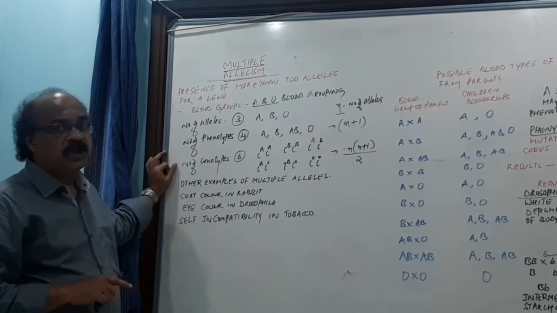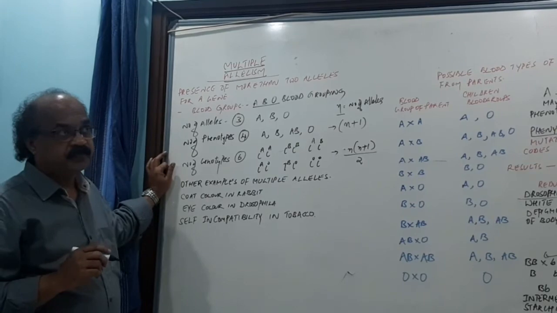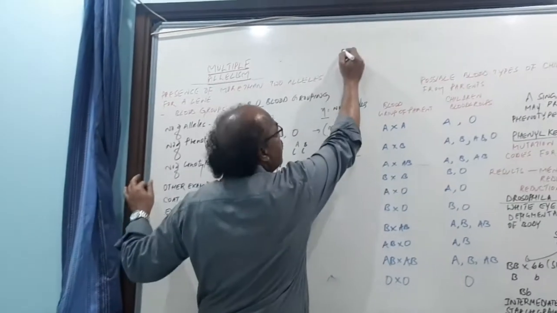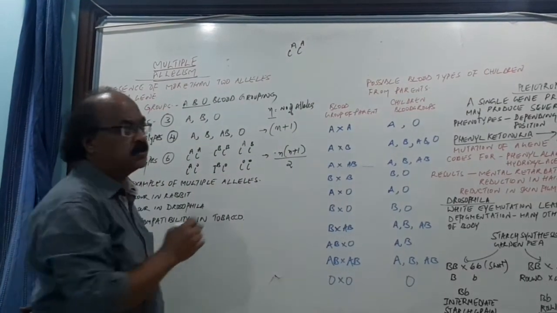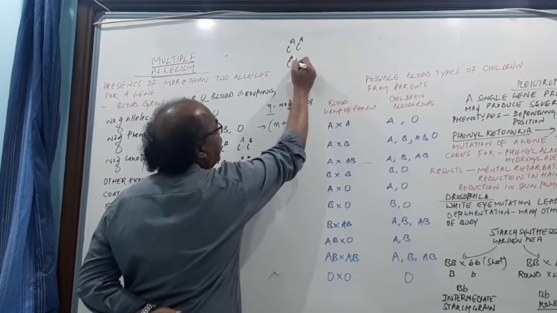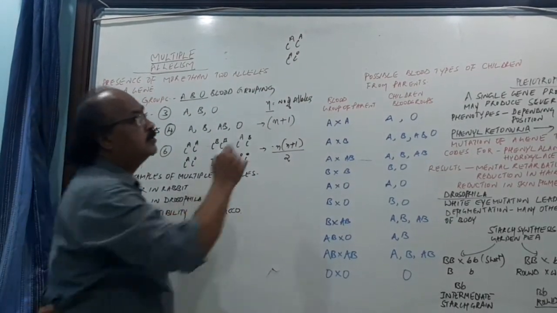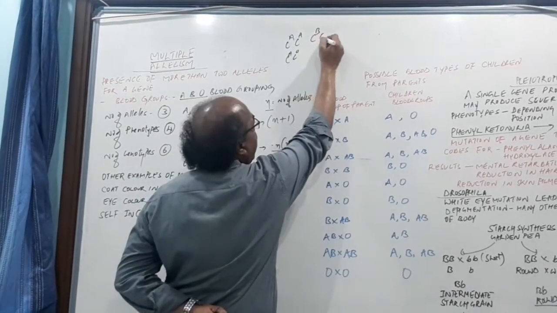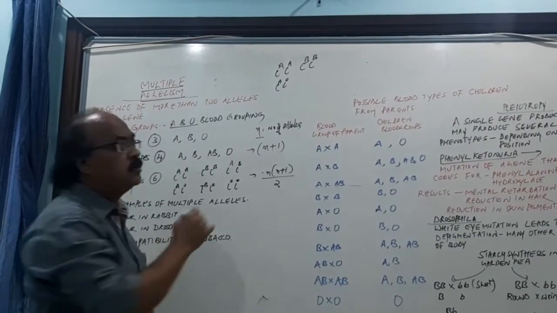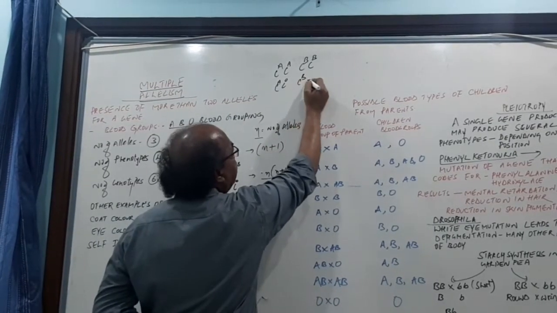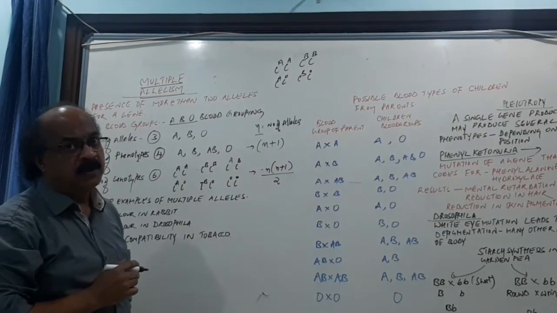Coming to genotypes, there are 6 genotypes present. IA, that is A blood group. IA, IO, that is also A blood group. IB, B blood group. IB, IO, that is also B blood group.